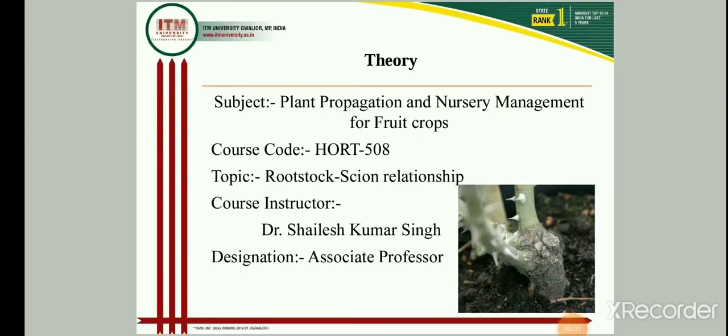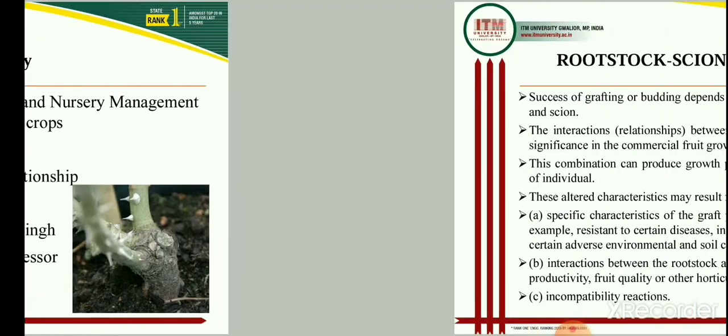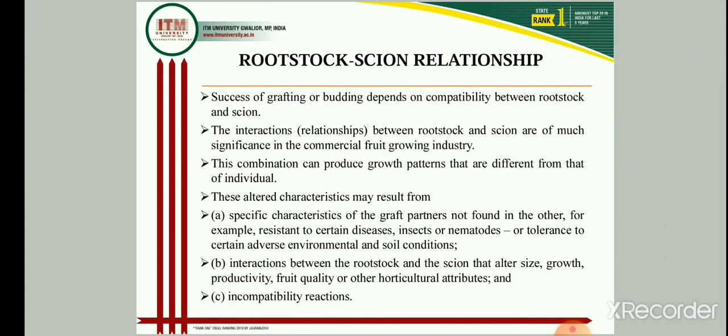Dear students, welcome to this lecture, which is related to rootstocks and their relationship with the scion. As we are aware of the significance of rootstock in horticultural crops, particularly the perennial species, we have also studied what scion is.